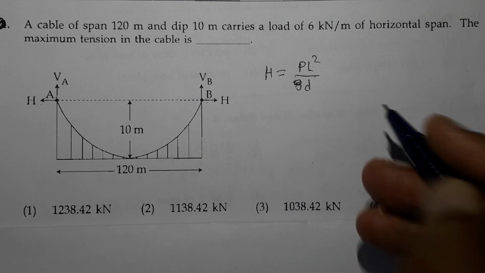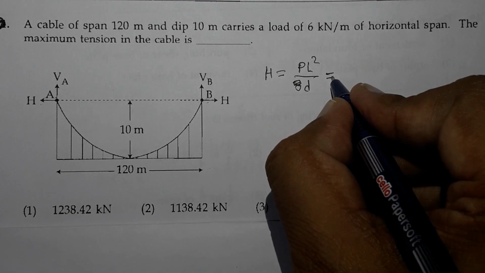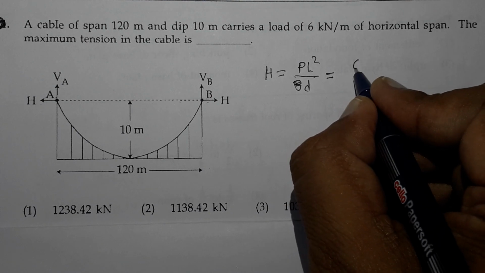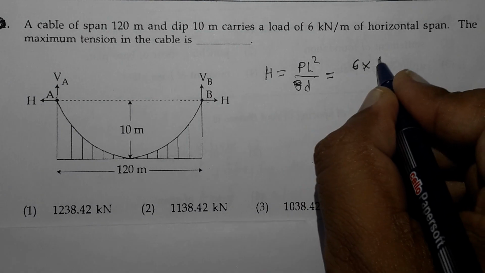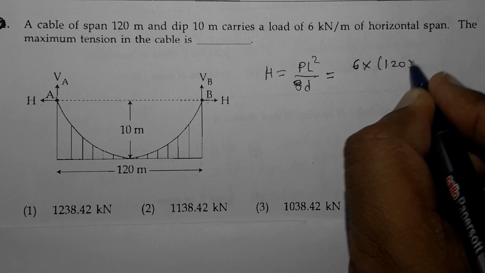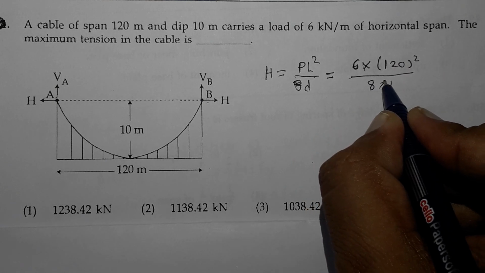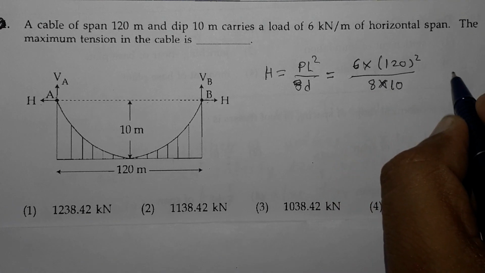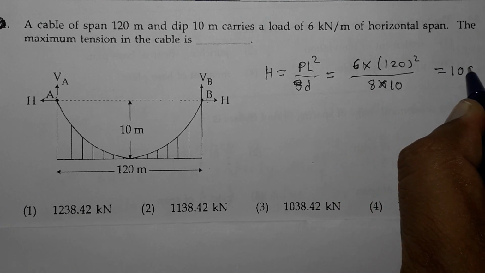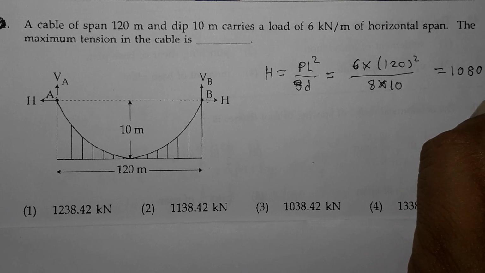So substituting all these values, we can get the value of H. P is 6 kilonewton per meter into L square is 120 square divided by 8 times dip is 10, and if we solve it further, we can get the value as 1080 kilonewton.